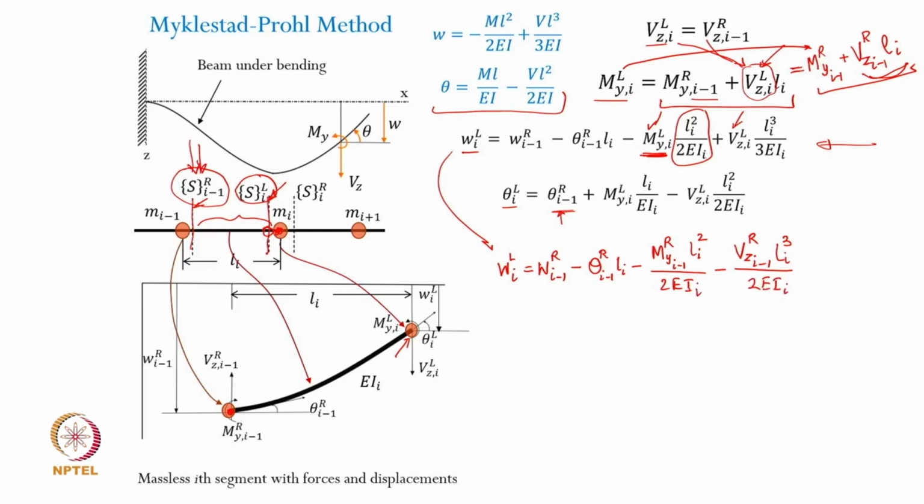This is with the assumption that the modulus of elasticity is the same throughout the beam or the continuum. But as I said, you can keep it different if that is the case. Mostly that will not be the case. You typically use only the same material actually.